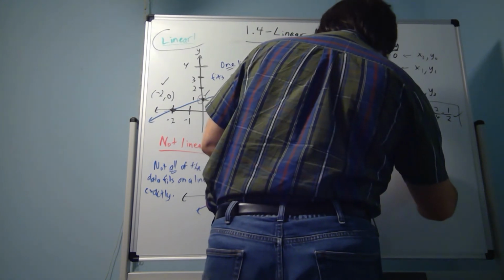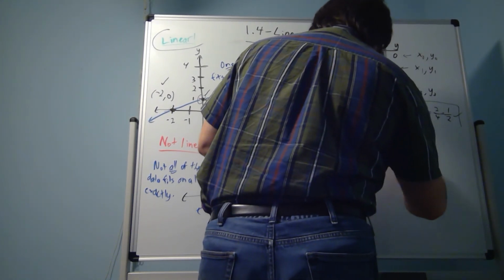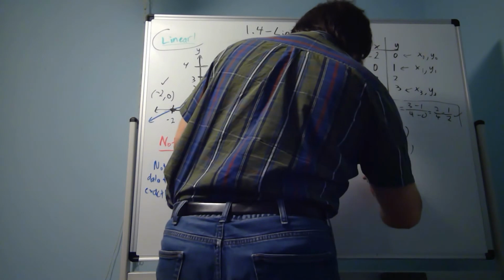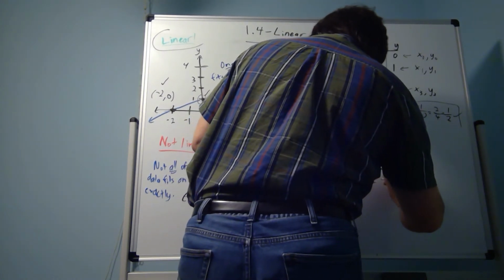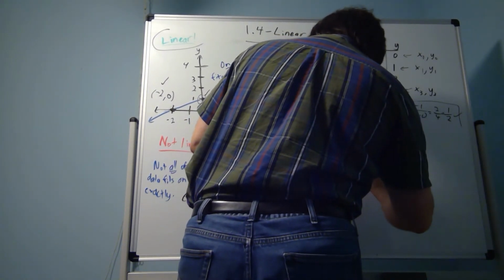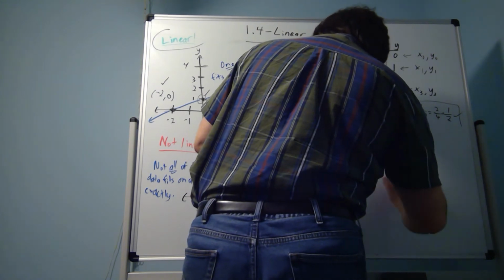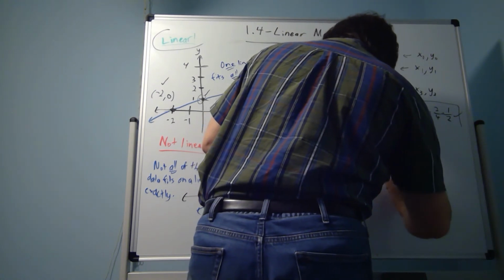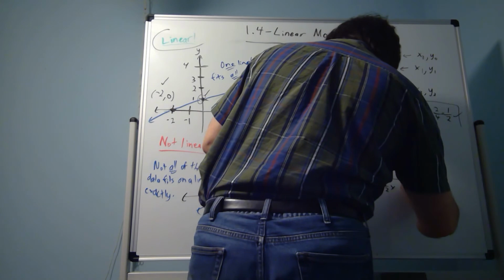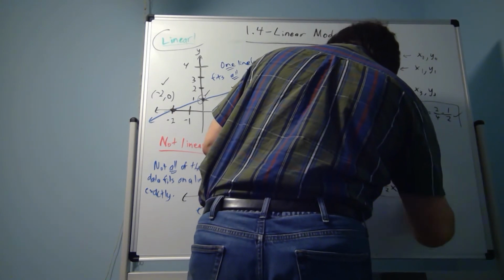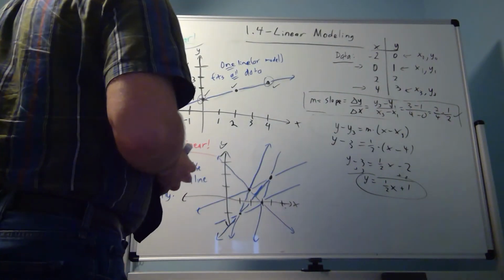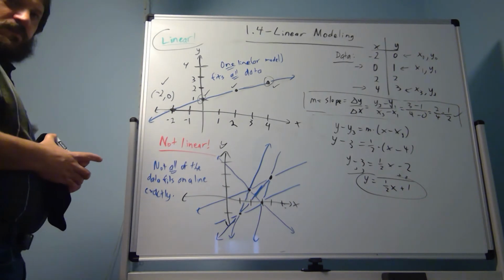Distribute the 1/2, so 1/2 of -4 is -2. So y equals, we add 3 to both sides, we get 1/2 x plus 1, which is exactly the same as the thing that I accidentally erased because I got it with the spray bottle a little bit.